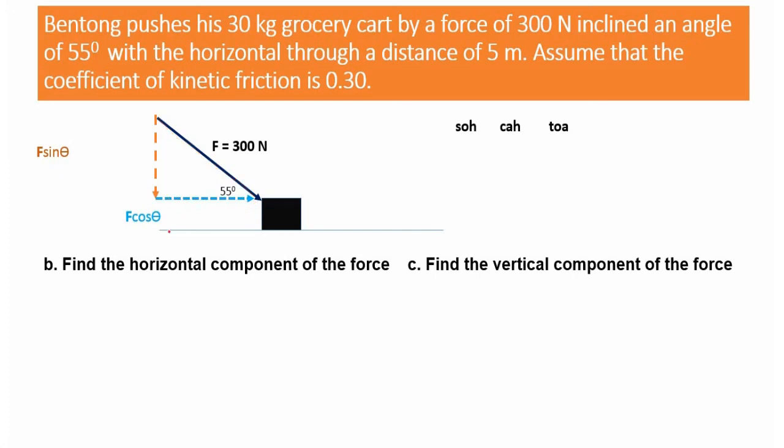So we will use F cosine theta. So the horizontal component, horizontal symbolizes x here, is equal to F cosine theta. We do have the value of F. You just plug in the cosine and then the angle. So this would be just plain substitution.